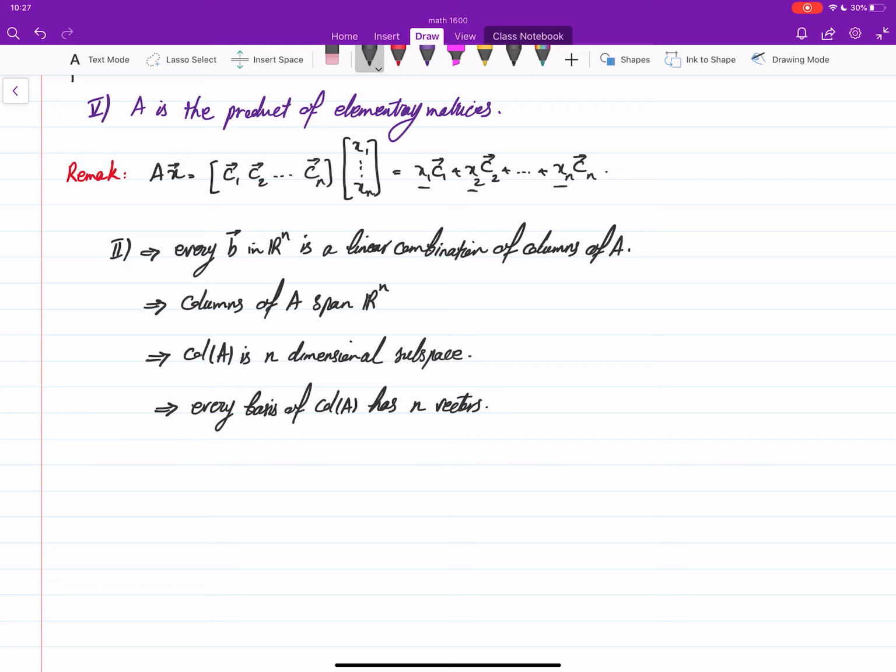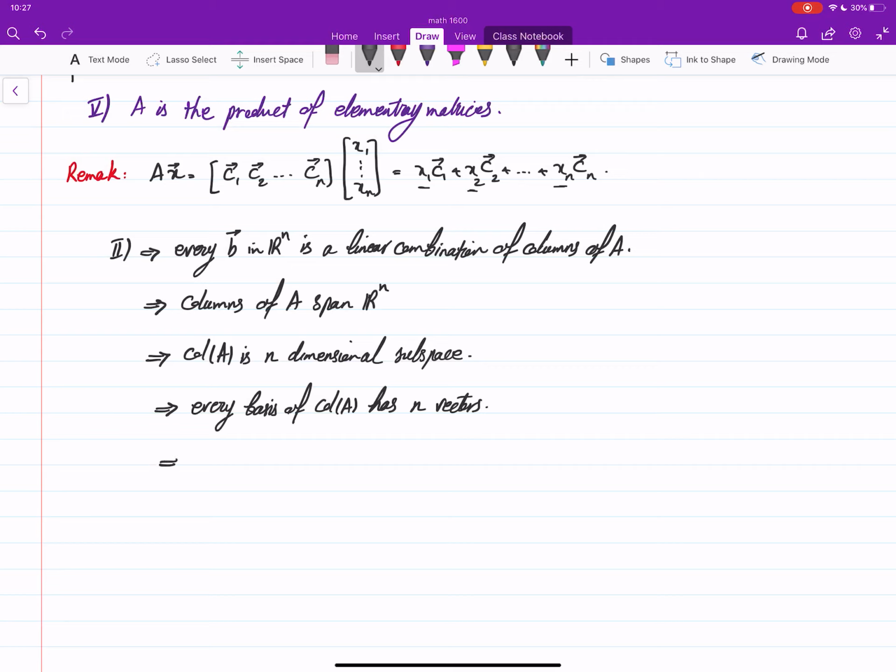Very nice. But we have specifically one way to find a basis for the column space. Remember, we row reduce the matrix, and then we find the columns from the matrix A corresponding to columns in the row echelon form which have a leading one.